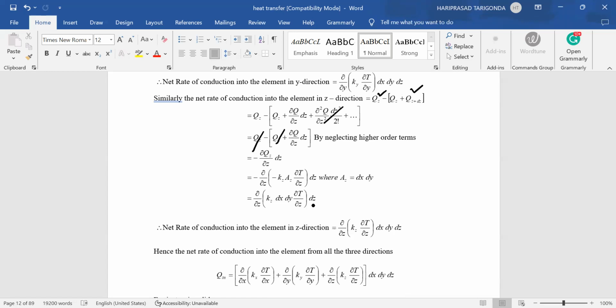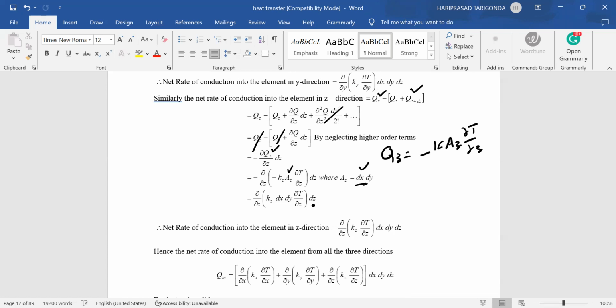Now this Qz can be written, according to Fourier equation, as minus k, the surface area perpendicular to z direction, and ∂T/∂z. So finally we get this form. Here Az means surface area perpendicular to z direction. The surface area perpendicular to z direction will be dx dy.